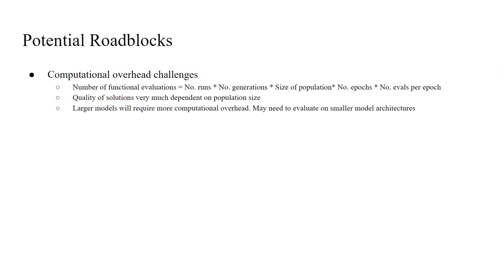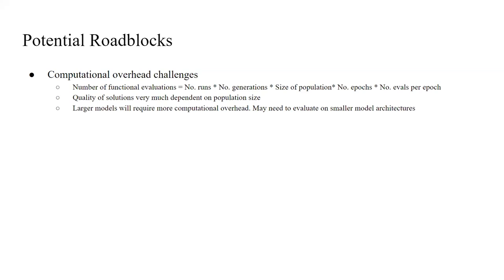So the functional evaluations blow up quite quickly, which is a concern, because the quality of the solutions that the GA generates is very much dependent on the population size. If I'm testing with large population sizes, the number of evaluations will grow quite fast.